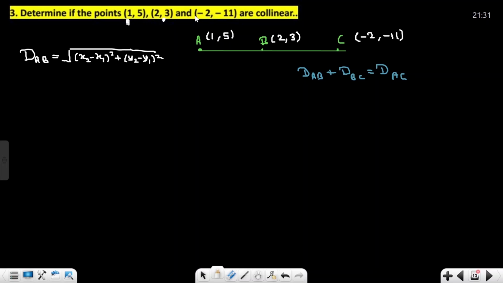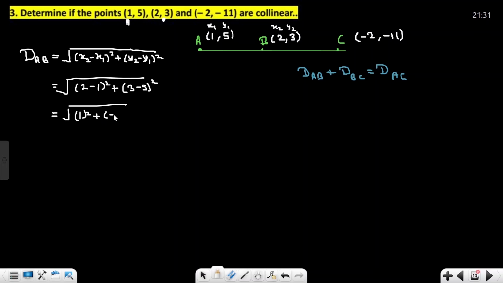Here A and B are the points, so give x1, y1, x2, y2 and put in the values. X2 value is 2, x1 value 1, whole square, plus y2 value 3 minus 5, whole square. 2 minus 1, 1 square, plus 3 minus 5, minus 2 square. 1 square is 1, minus 2 square is 4. Root of 1 plus 4, root 5.